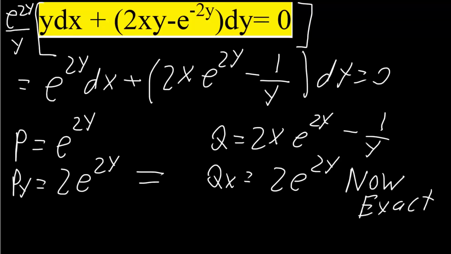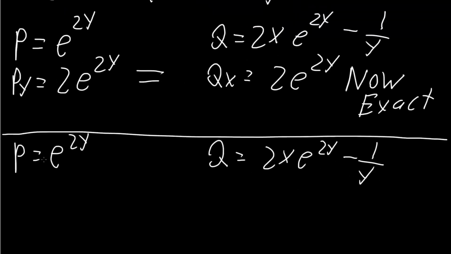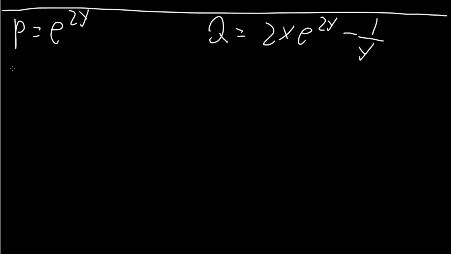So let me scroll down. And just to recap, our p term is e raised to 2y, and our q term is 2x e raised to 2y minus 1 over y. So now we do fx is equal to the integral of this in terms of dx, so e raised to 2y dx, and we do qy.